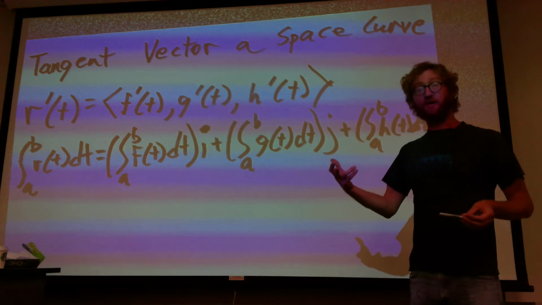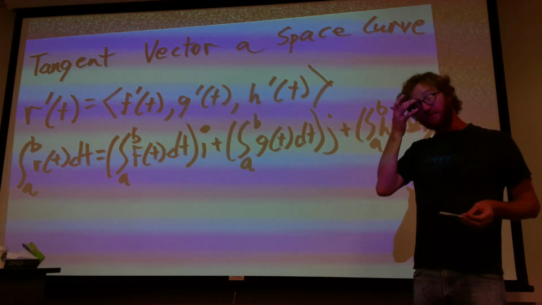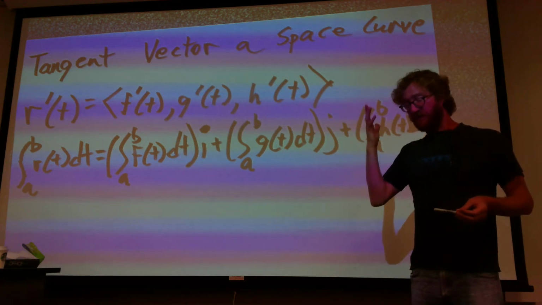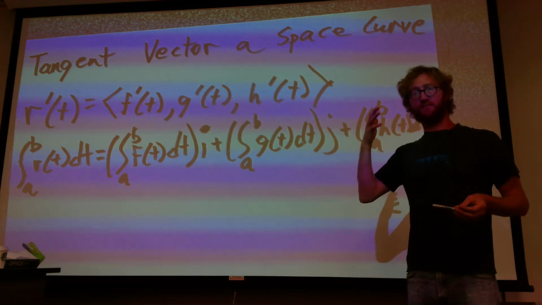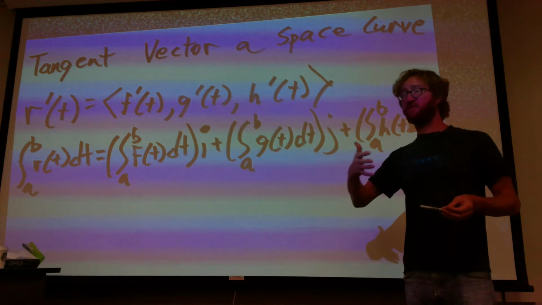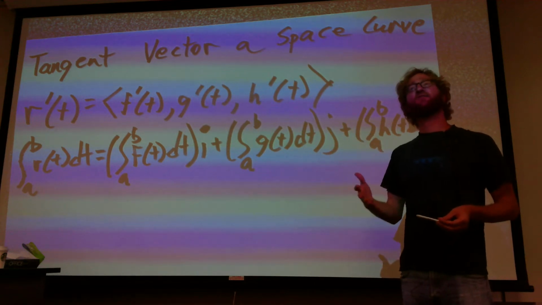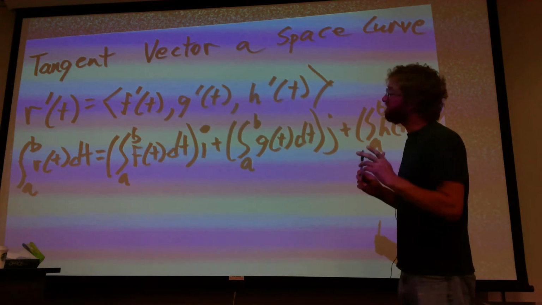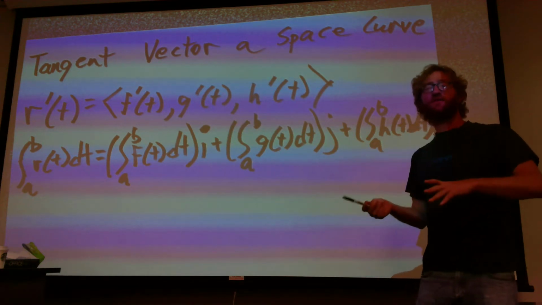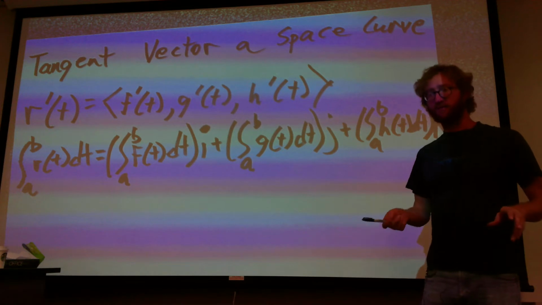Same thing with the dot product: the derivative of u dot v is u prime dot v plus u dot v prime. So it follows the same logic as our basic understanding of calculus. We're just going to take the integral or the derivative of each individual component.